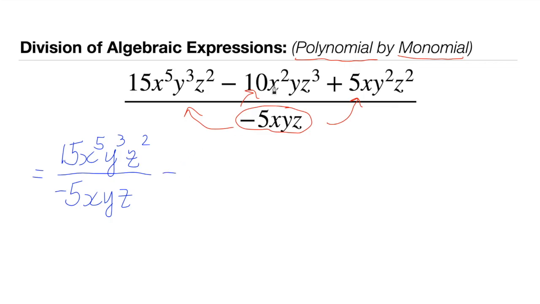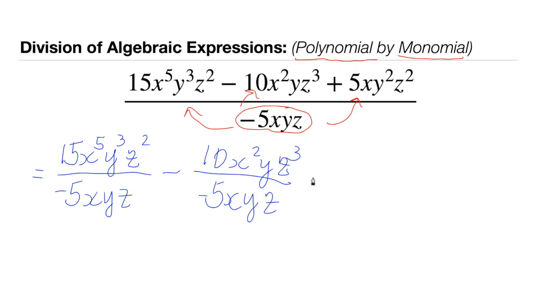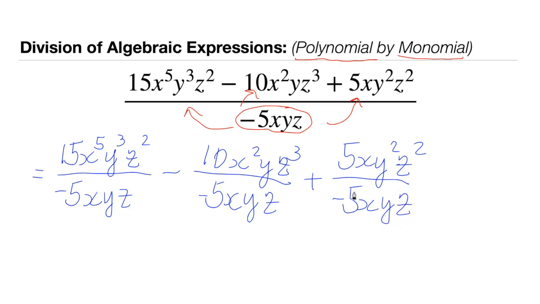This is a negative, and then 10 x squared y z cubed all over negative 5 x y z, plus, copy this sign, plus the last one, 5x y squared z squared all over negative 5x y z. And we will apply the rules we have learned in the previous slide for monomial by monomial, and do the same tricks.